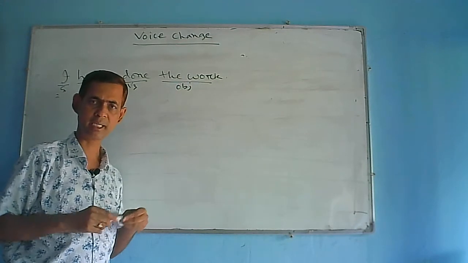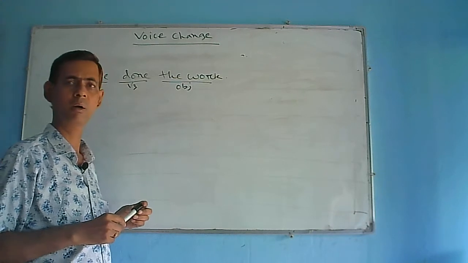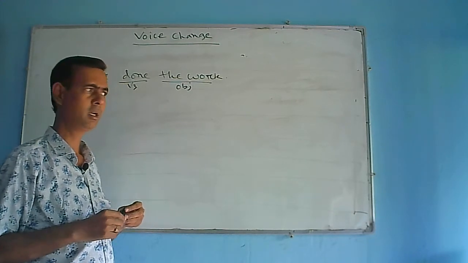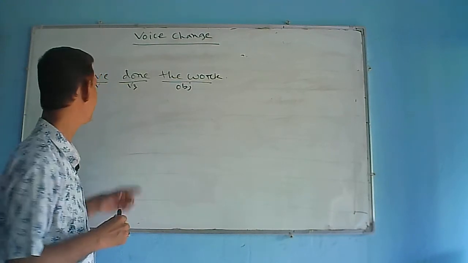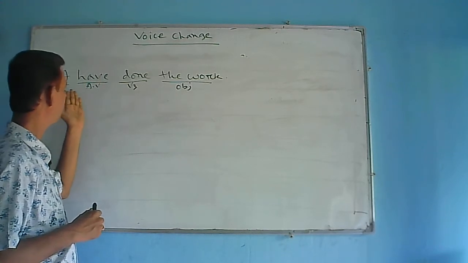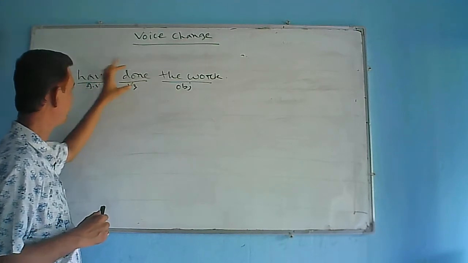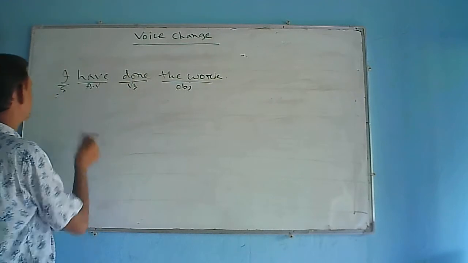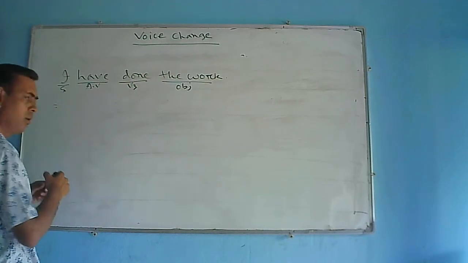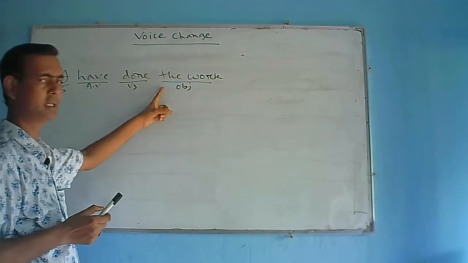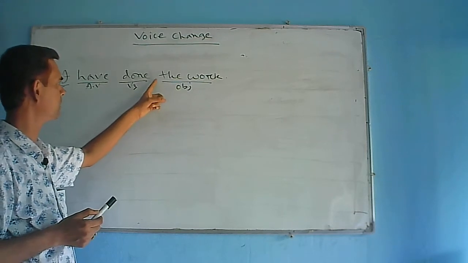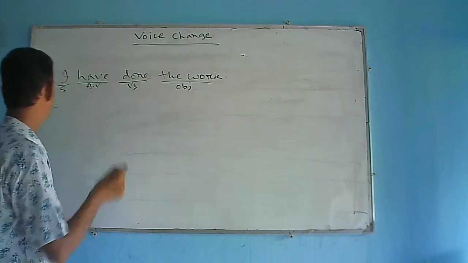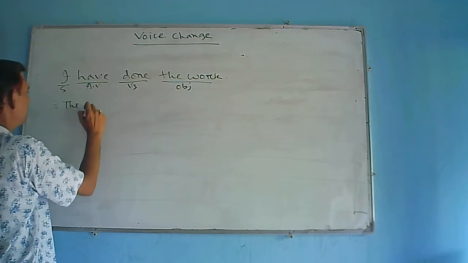According to the 6 techniques of changing any active voice into passive, we will change this active voice into passive. Firstly, the object will be changed into subject. So what is the object here? The work.